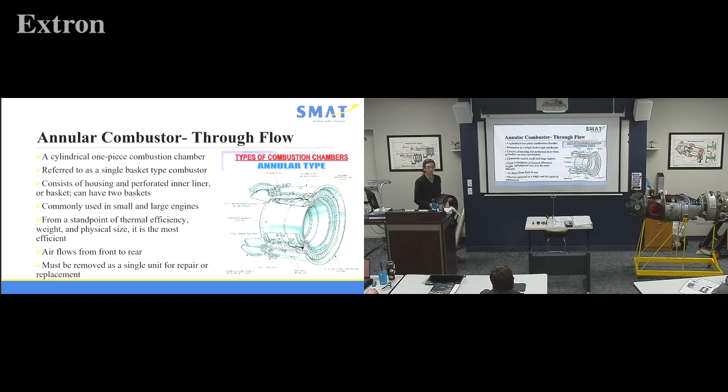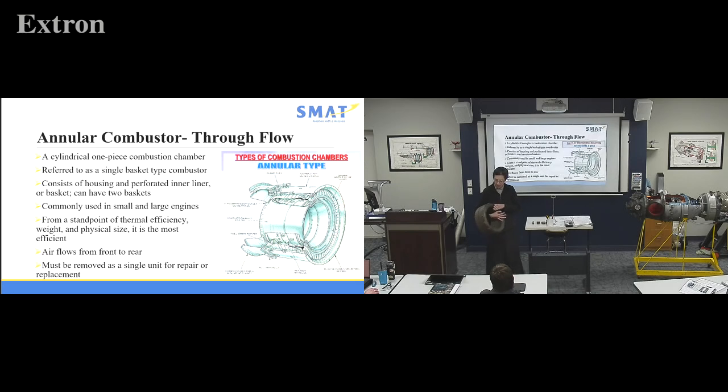Commonly used in small and large engines, and if you look at thermal efficiency, weight, and physical size, it is the most efficient. Air flows from the front to the rear, and it does have to be removed as a single unit. So this one we're going to pass around.